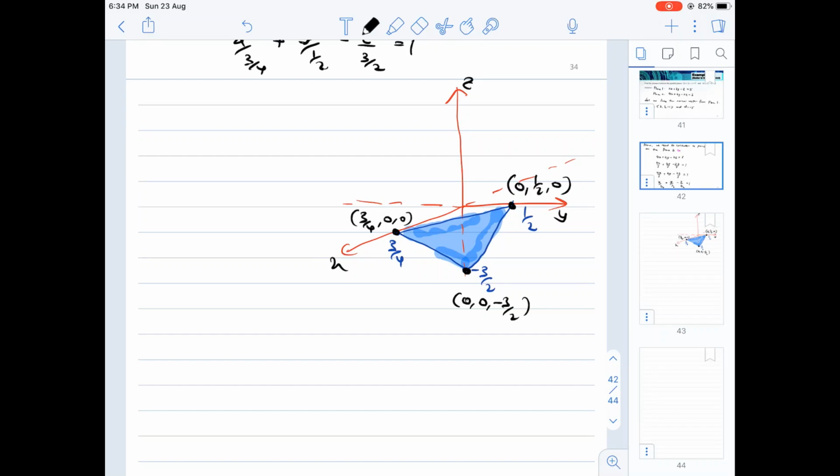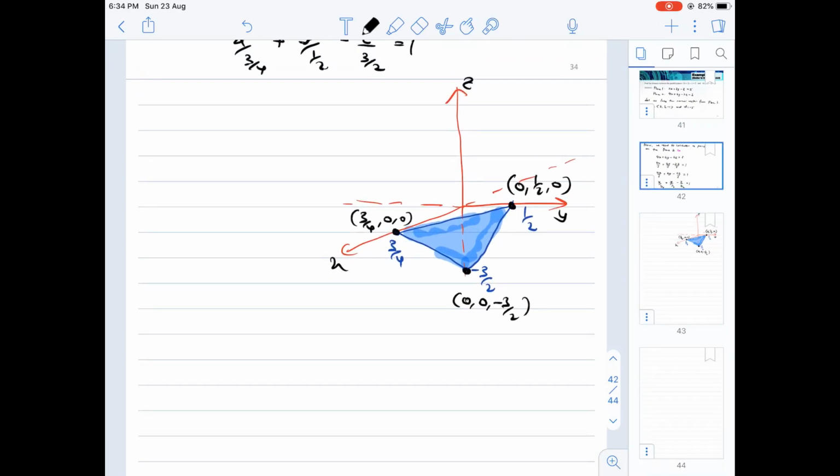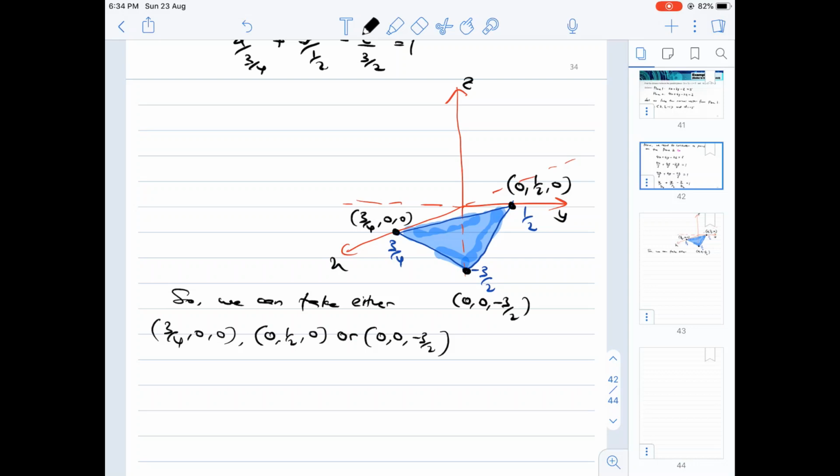So we can choose any one of these coordinates, either 3 over 4, 0, 0, or 0, 1 over 2, 0, or 0, 0, negative 3 over 2 as P naught.